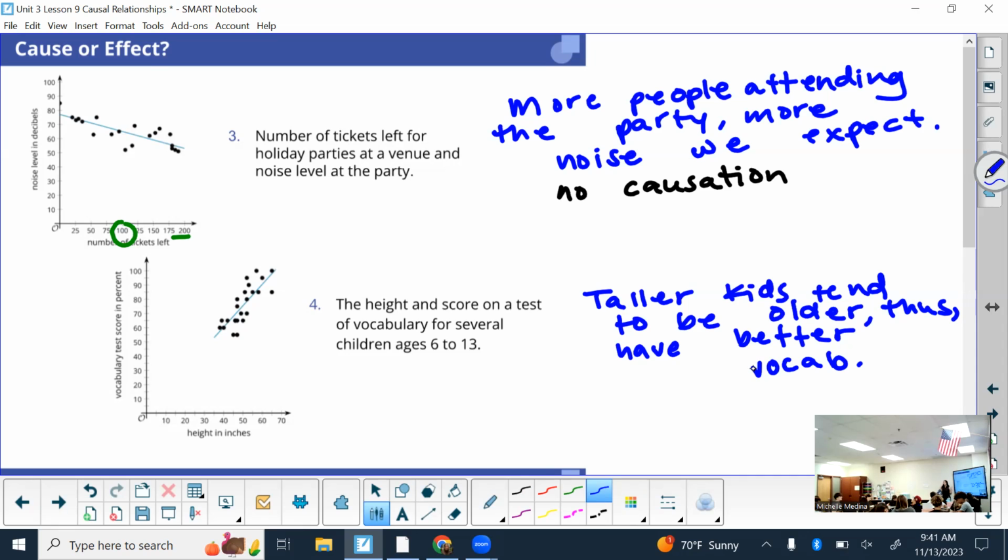Couldn't you have, say, a 10-year-old that has better vocabulary than a 13-year-old? Yeah, so there's no causation there. Your height doesn't make you score better on a vocabulary test, not necessarily even your age causes that, but that's the trend. So I would say in this one, there's no causation.